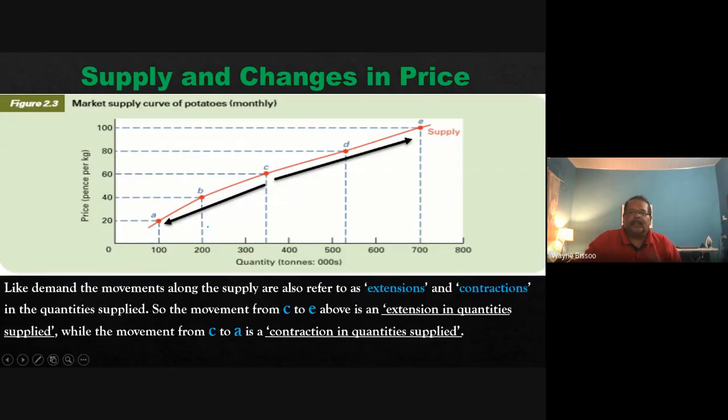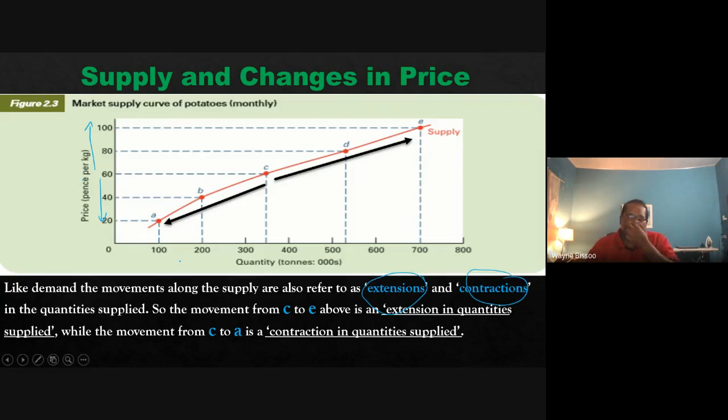And of course we add the terminology: extensions in quantity supplied or contractions in quantity supplied. That makes sense? So from C to E is an extension in quantity supplied brought on by an increase in price. Prices went up from 60 to 100 here. And from C down to A is a contraction in quantity supplied caused by a change in price.